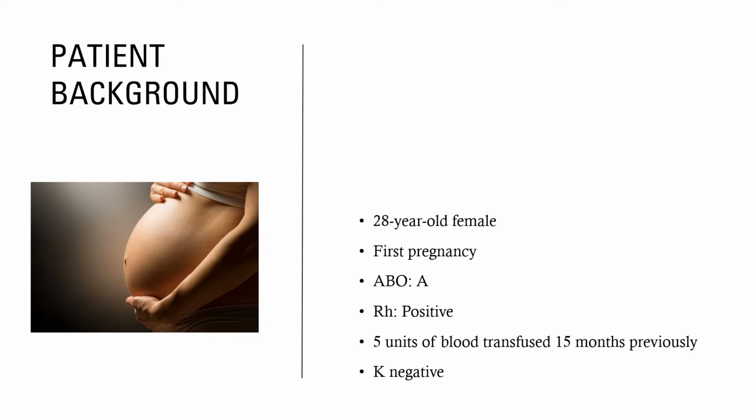She is A positive and had received several transfusions for a total of 5 units of blood 15 months previously. The anti-K was identified in her plasma through an antibody identification panel, and she is K negative.